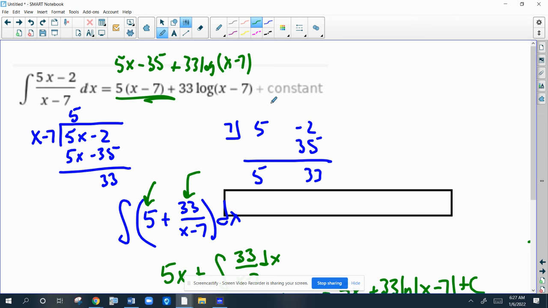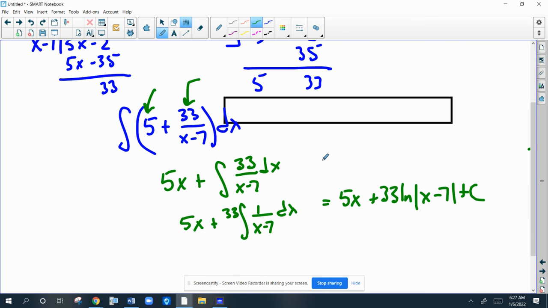But the big thing is here you have to add the plus constant. So you could subtract this 35 from the constant because it's also a constant, and you still have any constant. So that's why Wolfram looked a little different. But this is probably the better of the two answers. It looks a little bit more simplified. There you go.